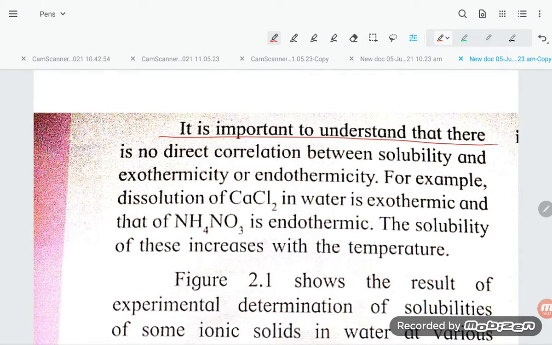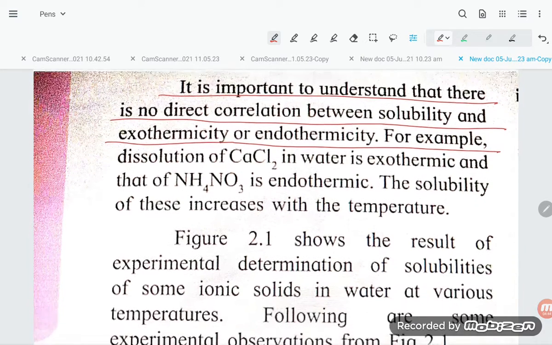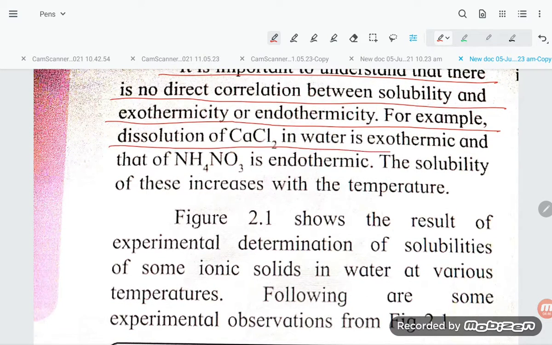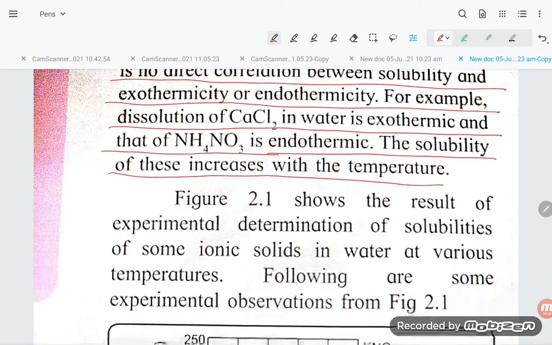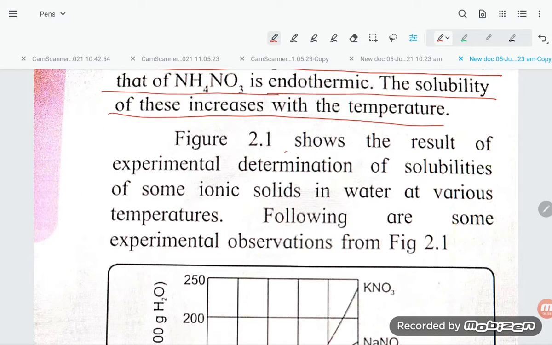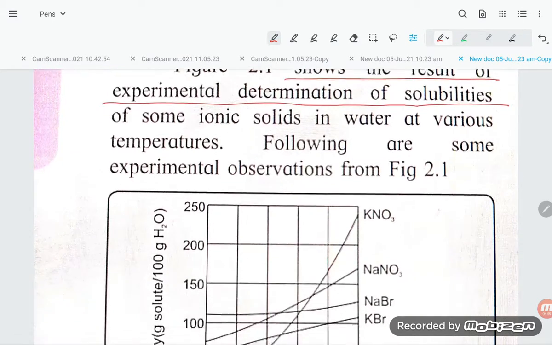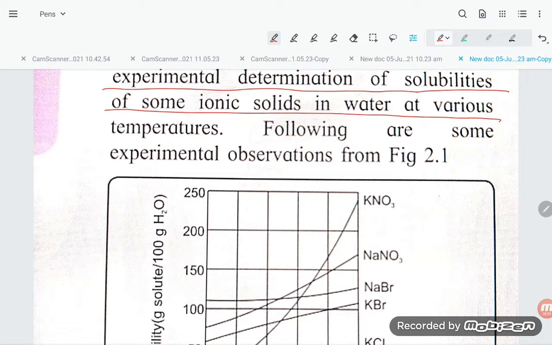It is important to understand that there is no direct correlation between solubility and exothermicity or endothermicity. For example, dissolution of CaCl2 in water is exothermic and that of NH4NO3 is endothermic, and the solubility of these increases with temperature. The result of the experimental determination of solubility of some ionic solids in water varies with temperature.